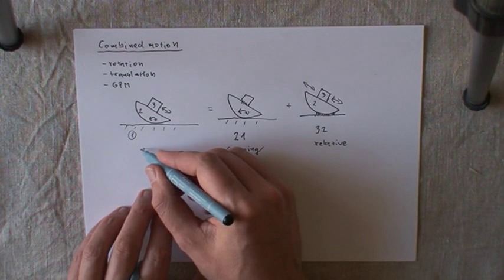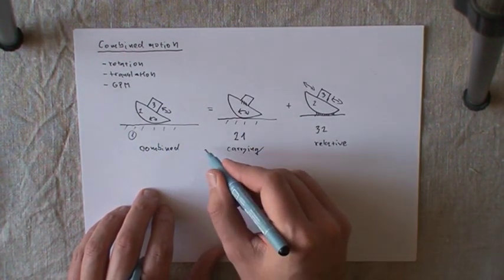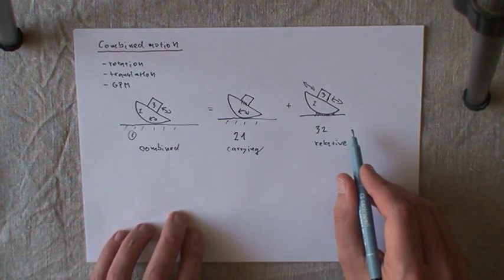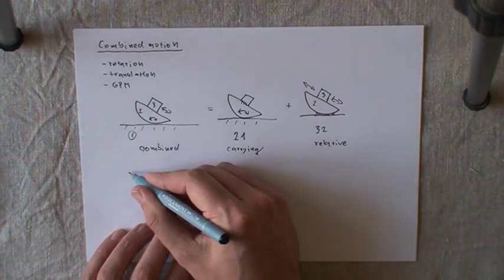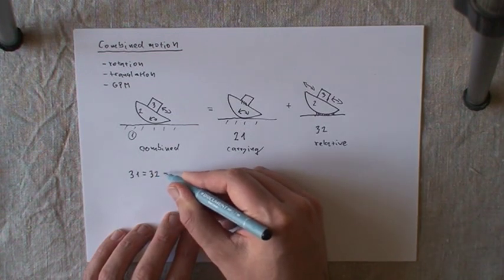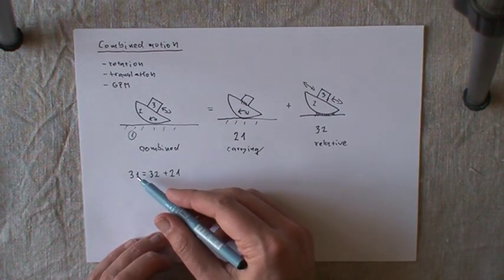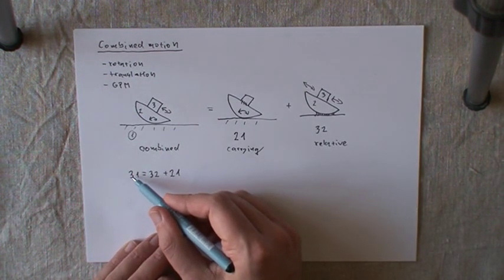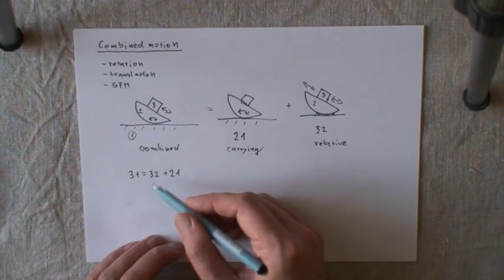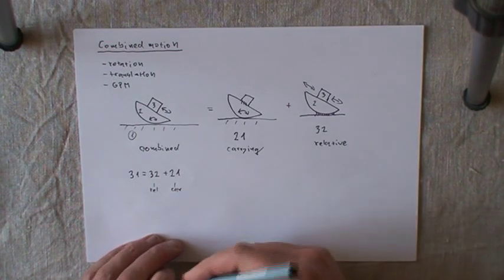So the combined or absolute motion is carrying plus relative motion. And we can express this using the symbolic equation, which states that 3-1 is 3-2 plus 2-1. So these symbols mean the motion of body number 3 with respect to the frame equals the relative and carrying motion.